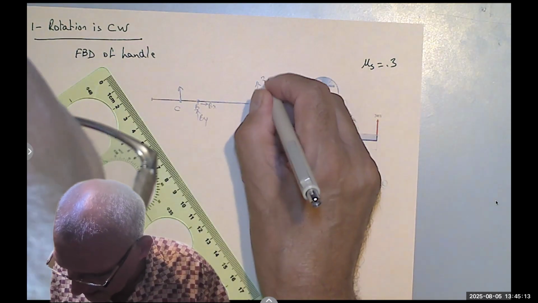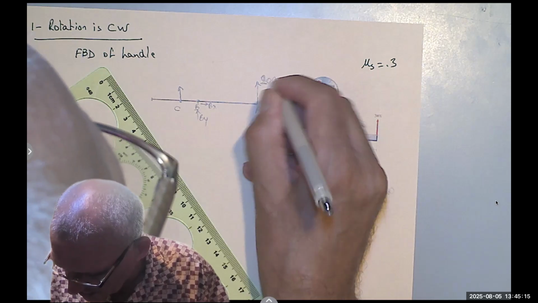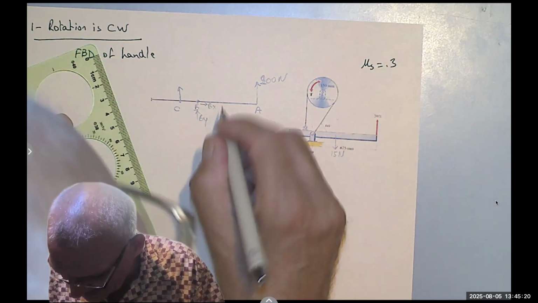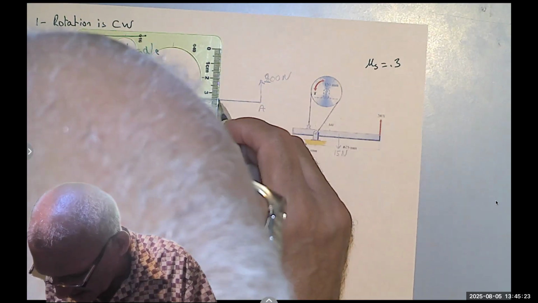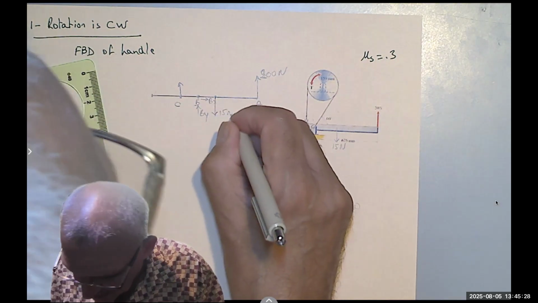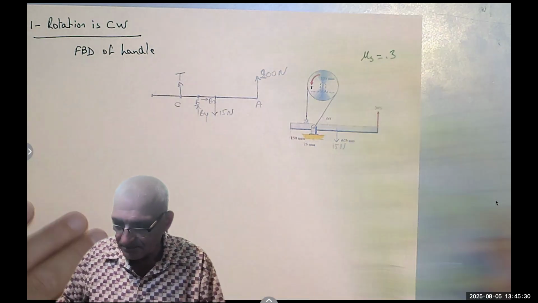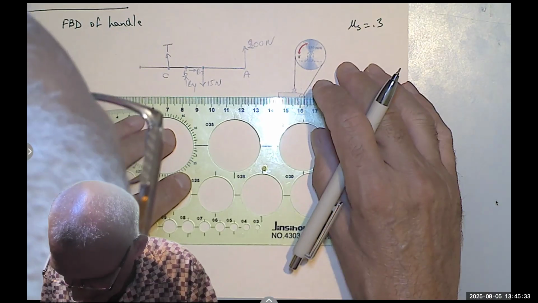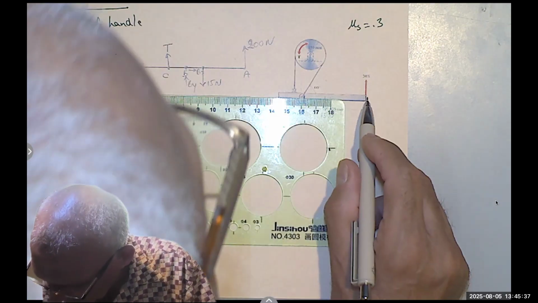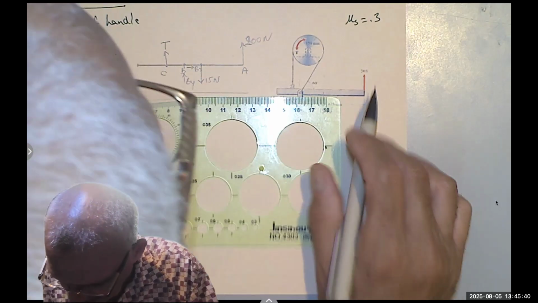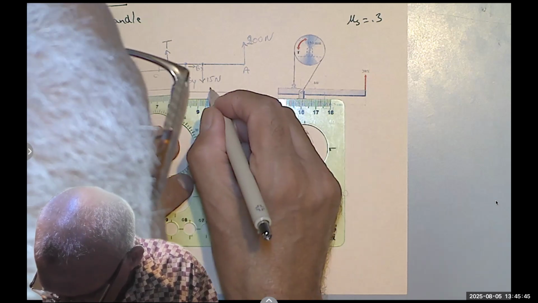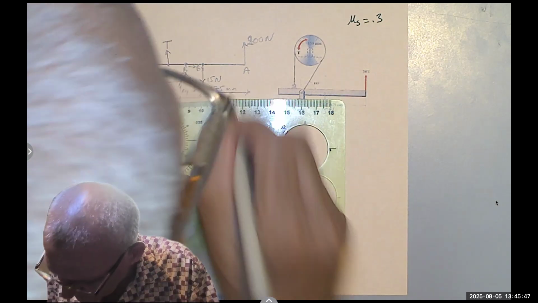This is 200 Newton. And then here, midway, there is the load, or the weight, which is 15 Newton, and here is a T. Okay, let's write the dimensions. From A to B is 675 millimeters.